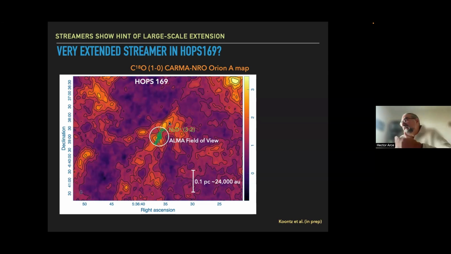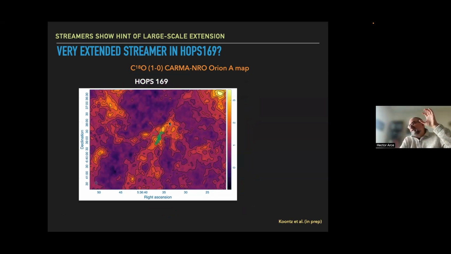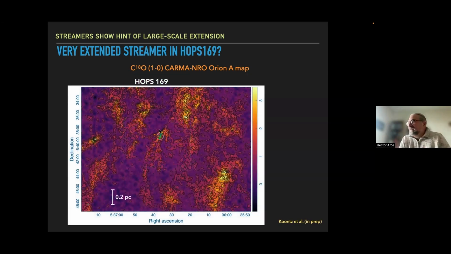And if we zoom out even further, we see this structure. Now, this is very speculative. We haven't done much investigation about it, but could this be another large-scale infall structure?